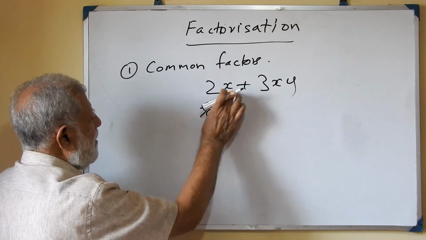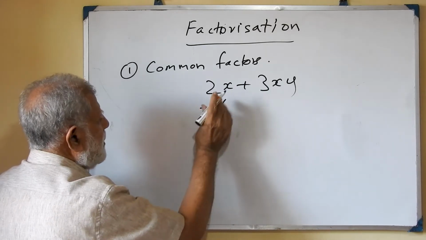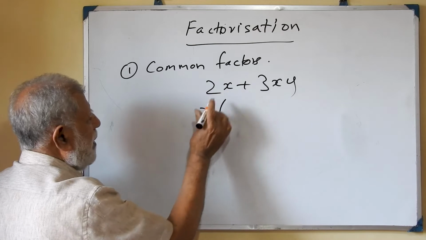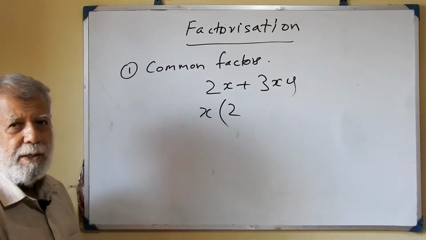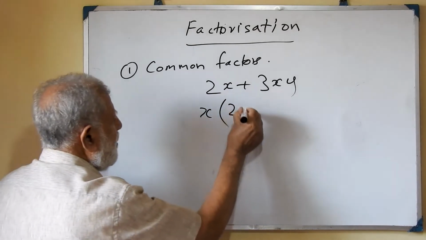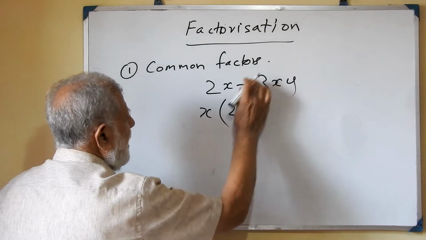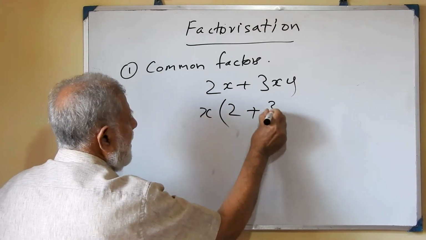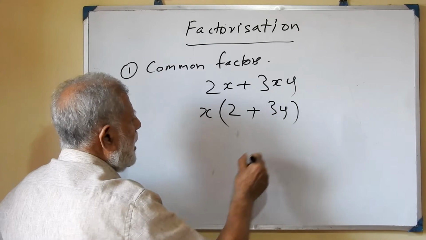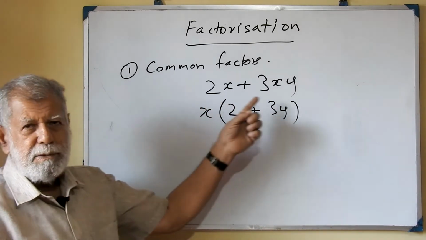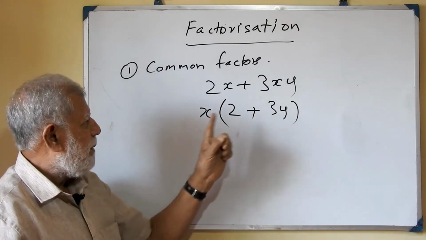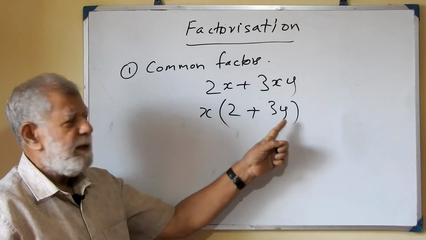And we write the remaining terms in the bracket. So when we take out x from 2x, 2 is remaining. Same way, and this plus is there. From 3xy, when you take out x, you get 3y. So when you factorize this expression, the answer will be x into 2 plus 3y.